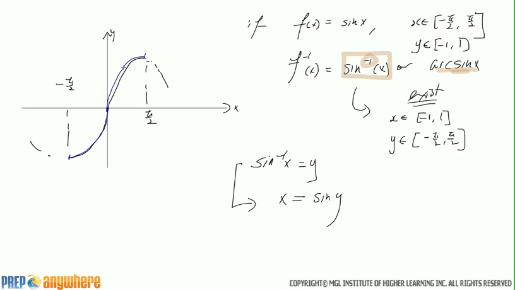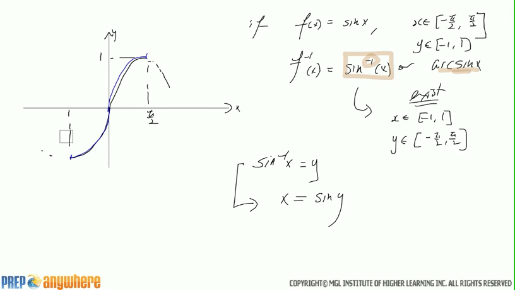This graph is a little off scale, because pi over 2 is actually bigger than 1, since it's 3.14 divided by 2. So let me redraw this so my picture looks more balanced. Let's say that's 1 and negative 1, and this is pi over 2.